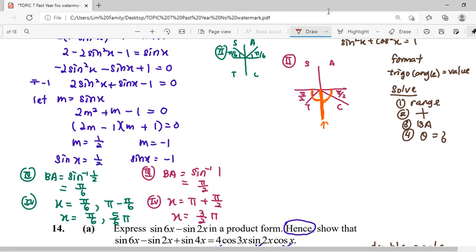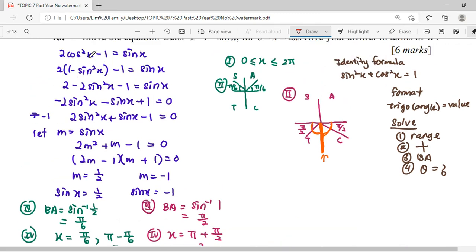So we see our marks here for the beginning, how we change our equation into the related form. Applying the identity formula here will give you 1 mark so that we get a quadratic of trigonometry.